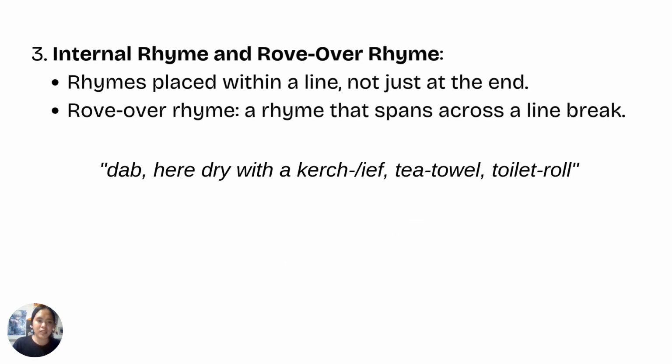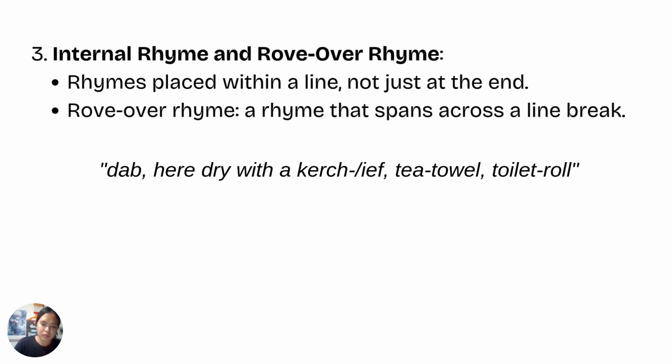Next is internal rhyme and over rhyme, rhymes placed within a line and not just at the end. This means that words rhyme inside the same line of a poem, not just at the end of different lines.